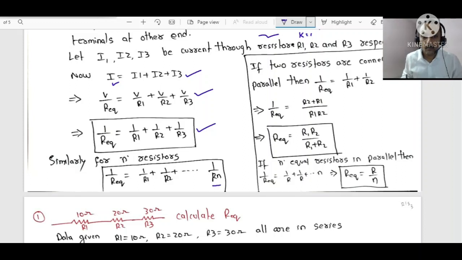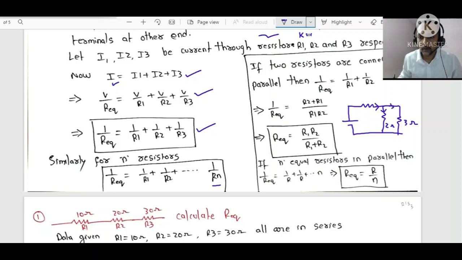Most of the times in simplifying circuits or analyzing problems, somewhere in the circuit, for example like this, we will come across 2 resistors in parallel. For example, this is 2 ohms and this is 3 ohms. Current came up to here and the current is getting divided into this part and this part. Now these 2 resistors are in parallel.